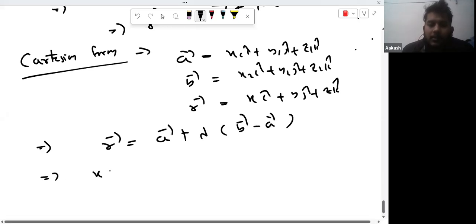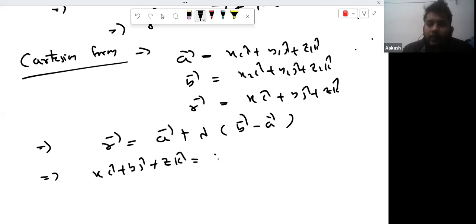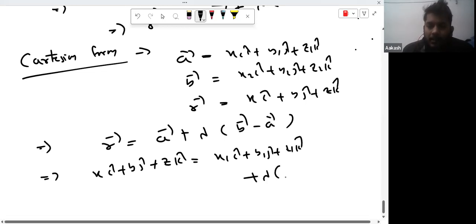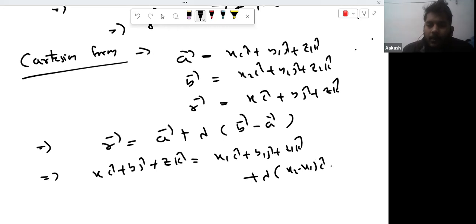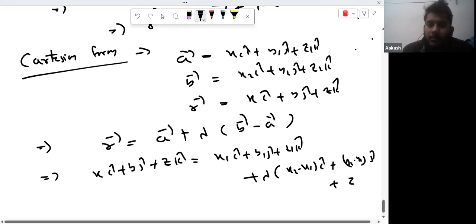So R vector, x i cap plus y j cap plus z k cap, equals x1 i cap plus y1 j cap plus z1 k cap plus lambda times (b minus a), which is (x2 minus x1) i cap plus (y2 minus y1) j cap plus (z2 minus z1) k cap.